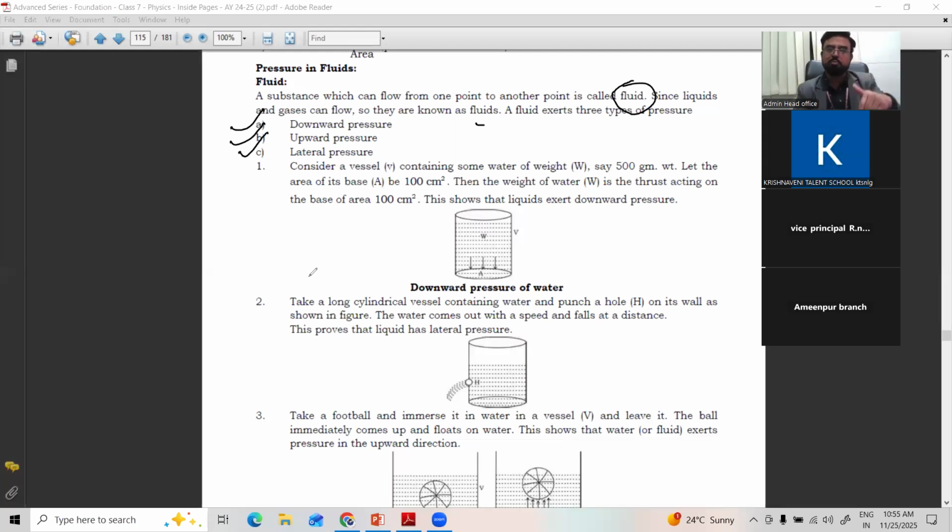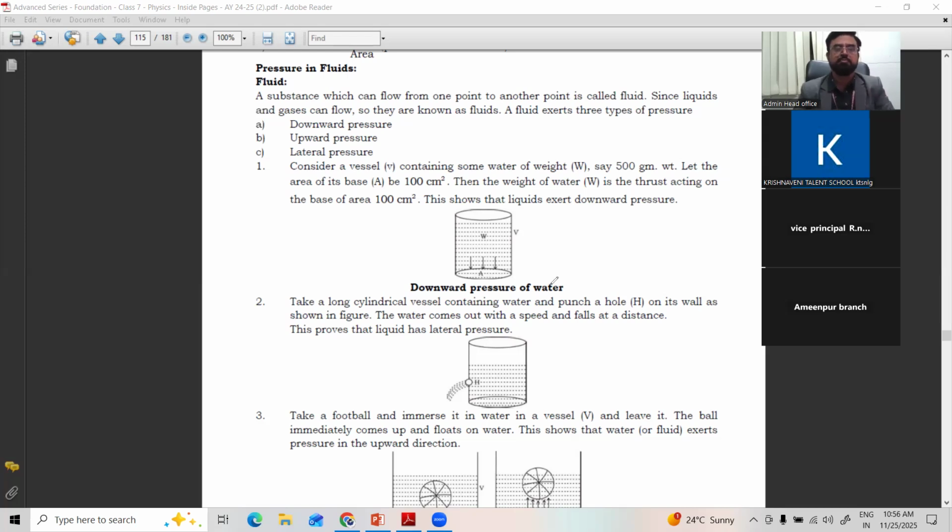Because of downward pressure, the body will go inside the water. Because of upward pressure, whenever you throw a rubber ball, it will come up because of the upthrust, which is also called buoyancy, which will come later. So liquids exert all three types of pressures.